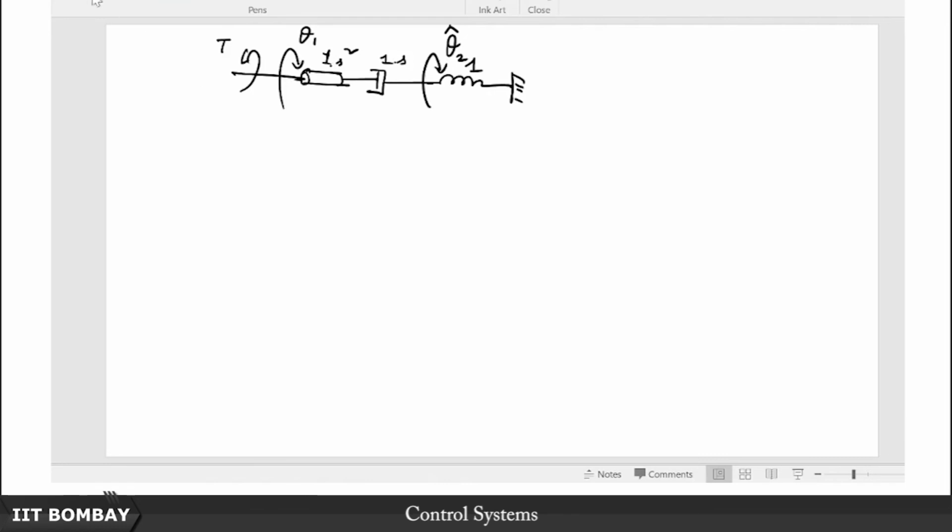So what is going to be our equation then? Our first equation is, again, these are blocks in series. So of course the first equation that we can write is, you have S squared theta 1 plus S times (theta 1 minus theta 2 hat).